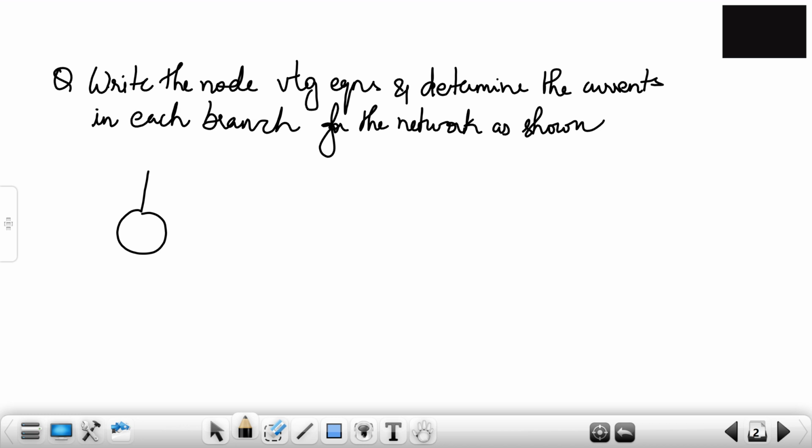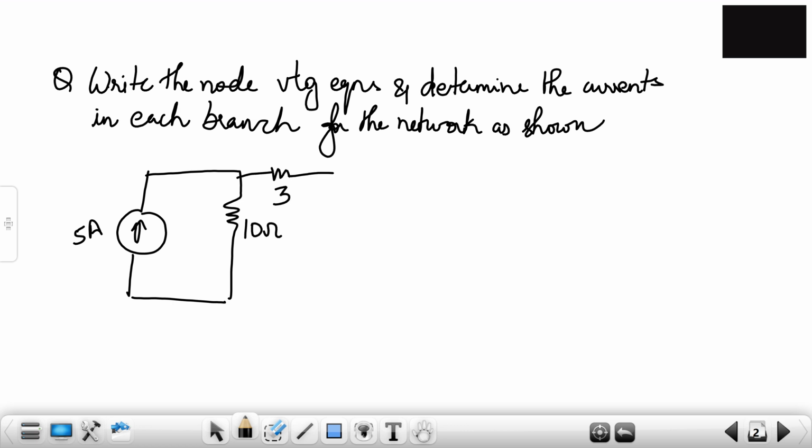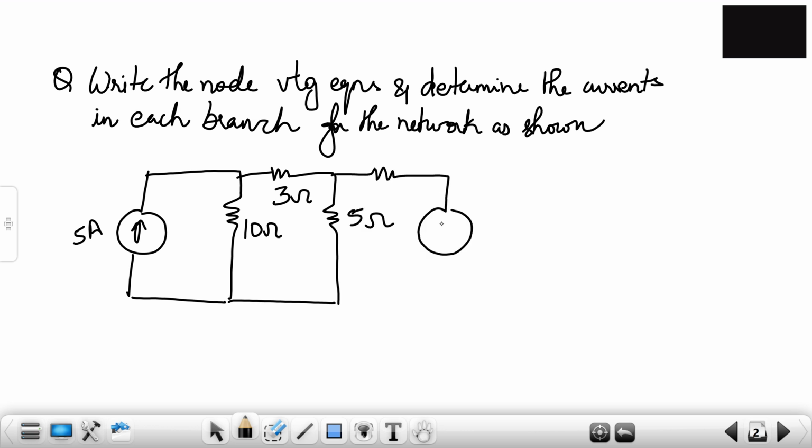Consider this circuit diagram. Please copy the diagram along with me.